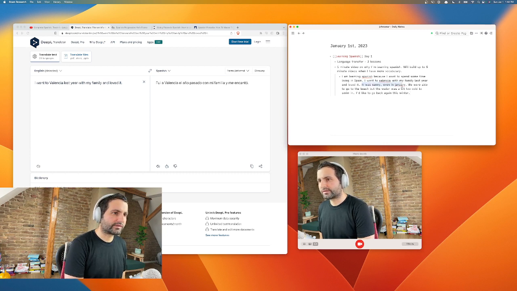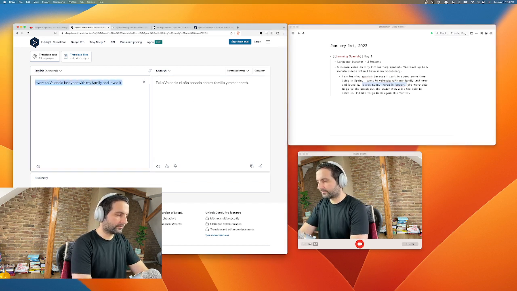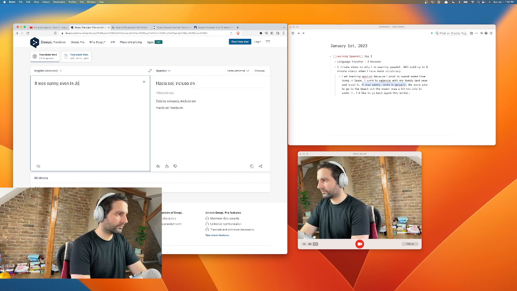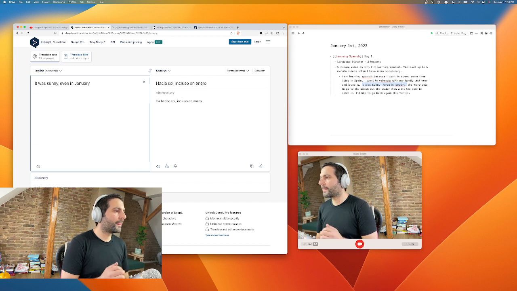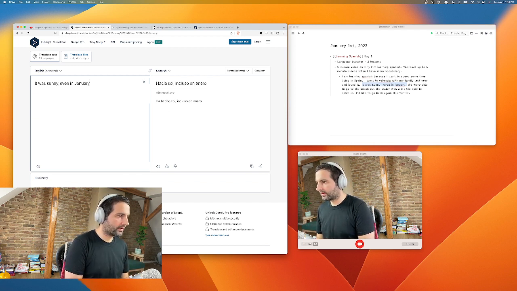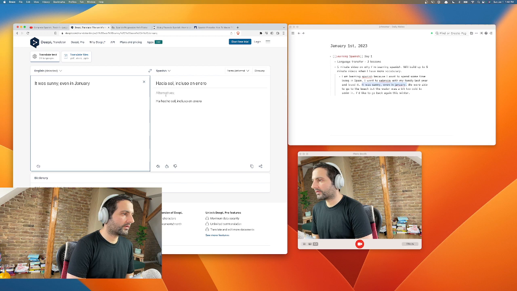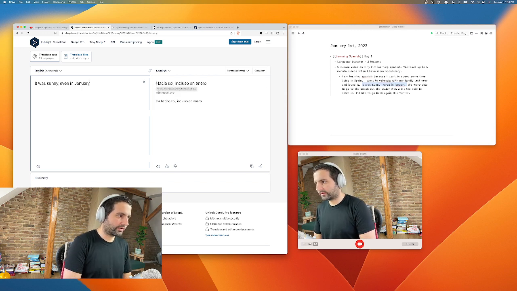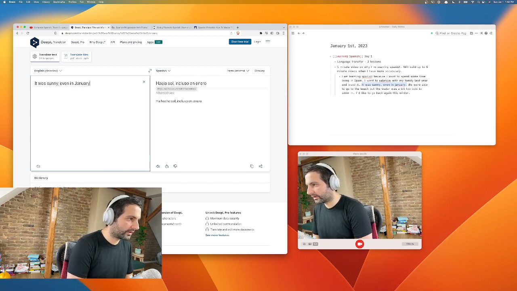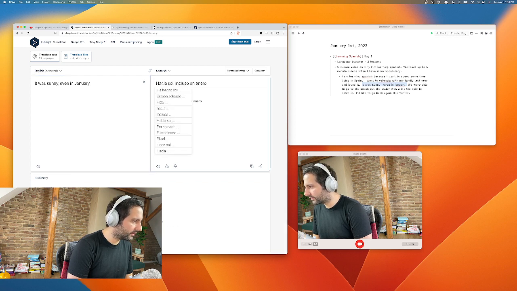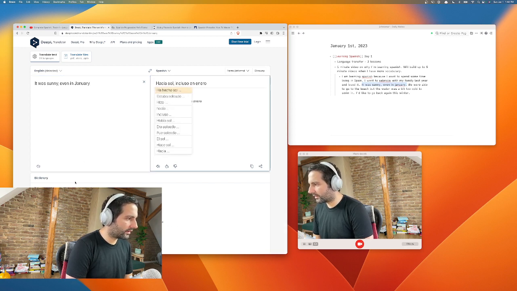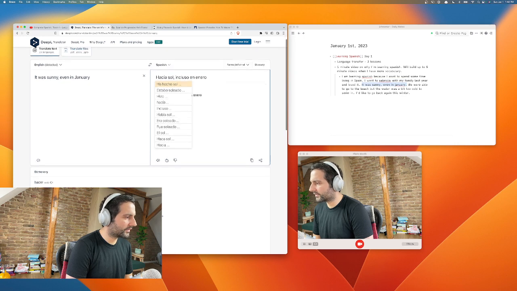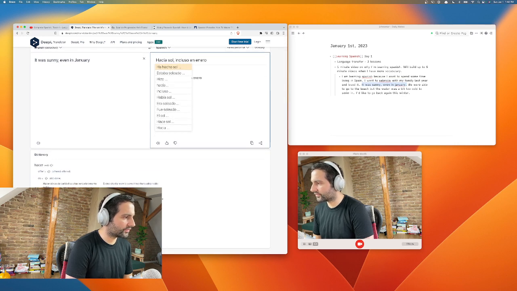Next sentence. It was sunny even in January. All right, here we go. This must be the preterite of some verb, like to be, hacer, do, perform, make.